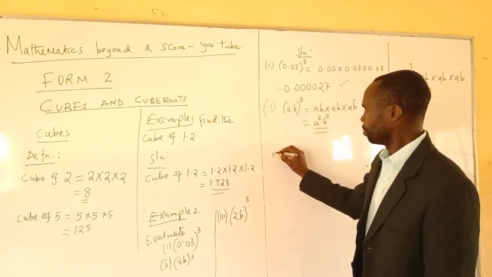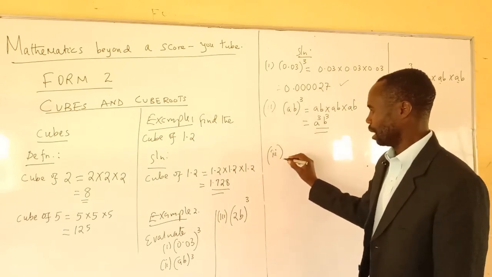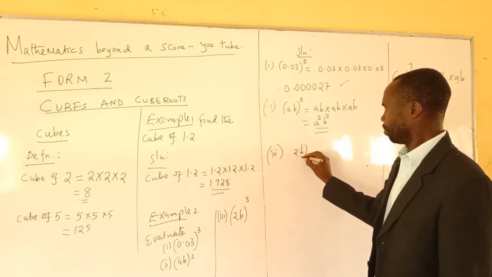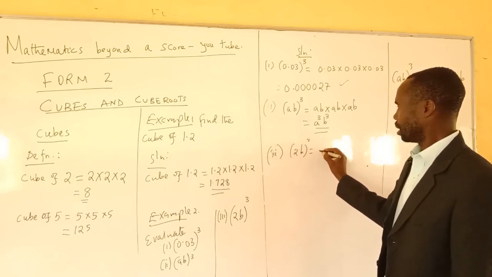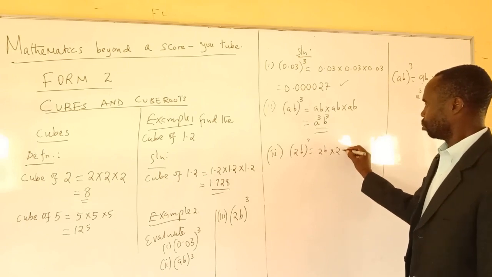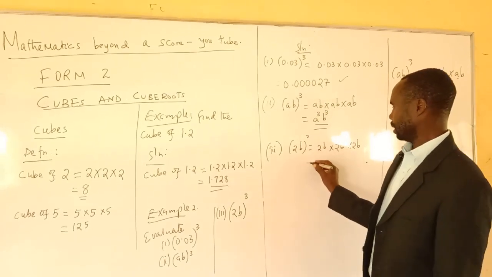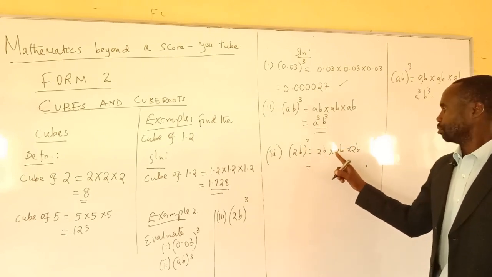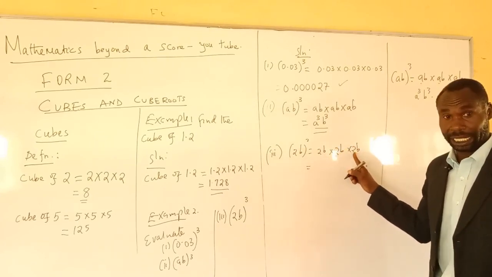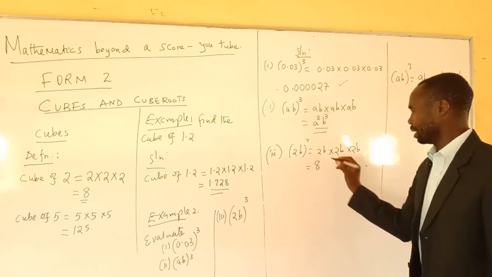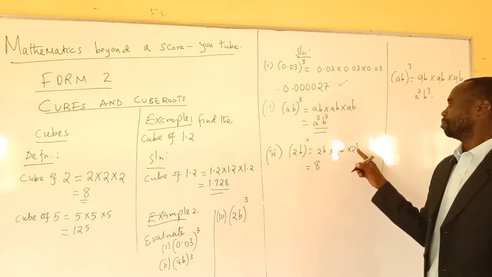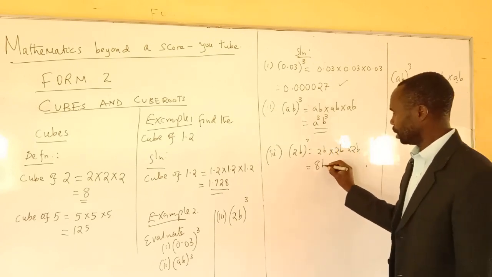Part 3 is easy. (2b) cubed is the same as 2b multiplied by 2b multiplied by 2b. This is the same as 2 times 2 times 2, which is 8. Then b multiplied by b multiplied by b is b cubed.